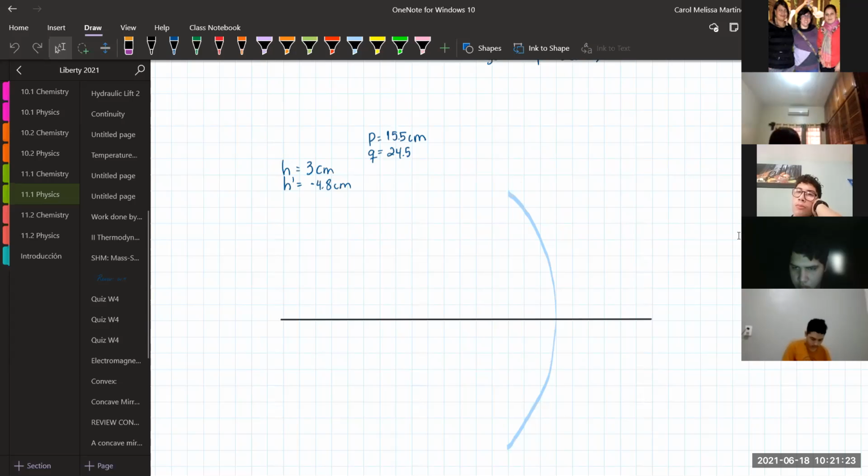We know that F is equal to 9.5 centimeters. We don't know what the radius of curvature is, but we can get it. C is equal to twice the focal length, 2 times 9.5 centimeters, which gives 19 centimeters in the end.